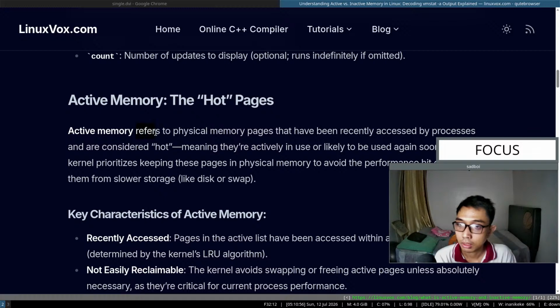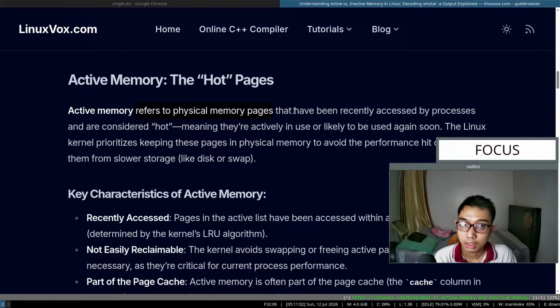Active memory refers to physical memory pages that have been recently accessed by a process and are considered hot. Recently accessed, meaning they are actively in use or likely to be used again soon.